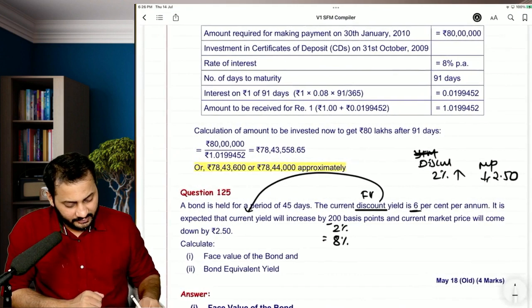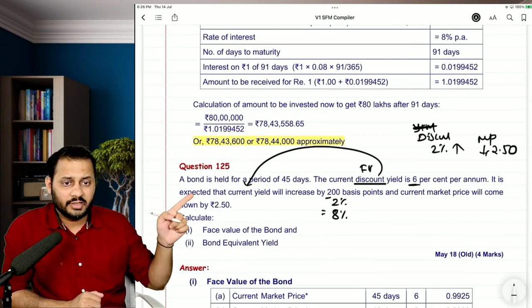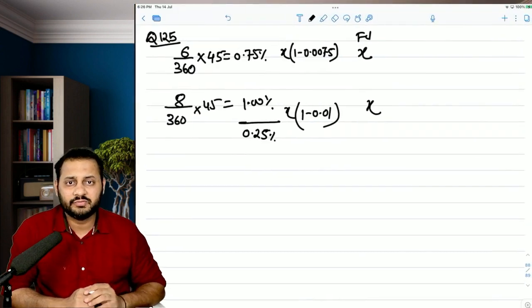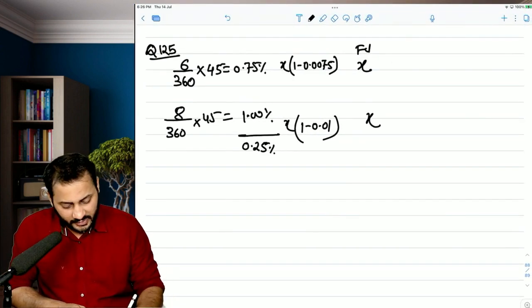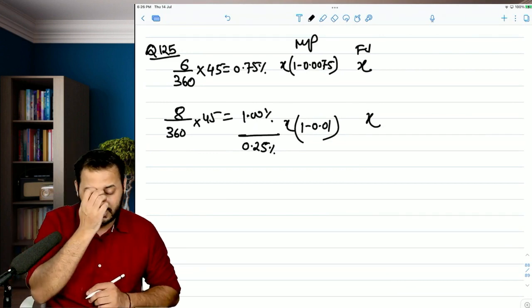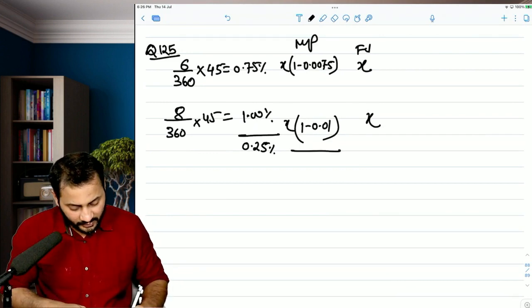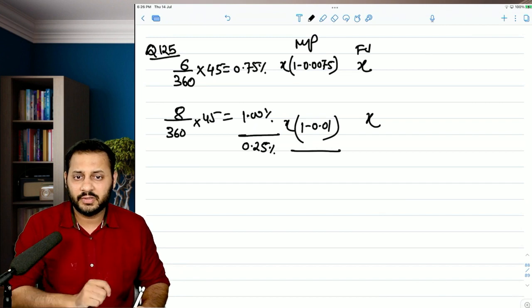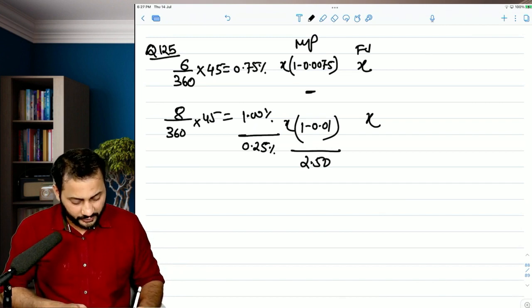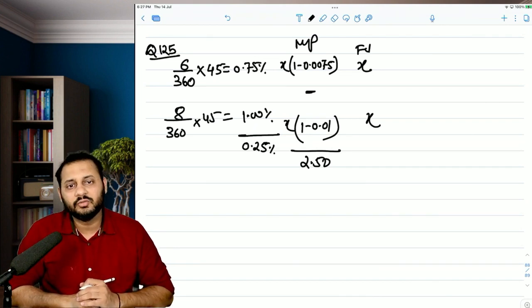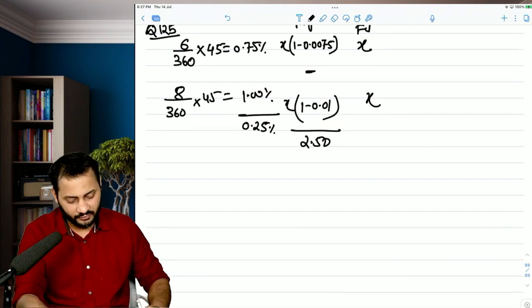And then they said that the current market price will come down by 2 rupees 50 paisa. So whatever was the market price, this was the market price at which you issued, and it will come down by 2 rupees 50 paisa. So this minus this will be equal to 2 rupees 50 paisa. And then calculate x, that's it. Let's find out.